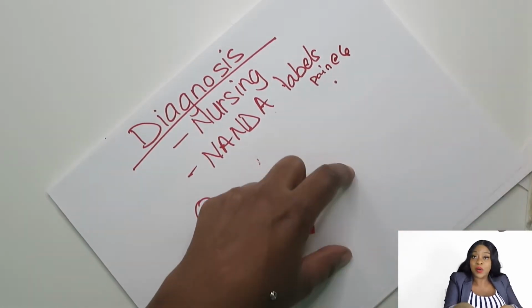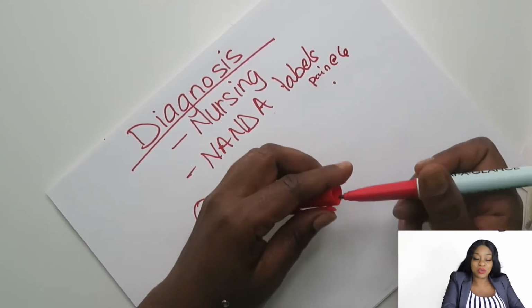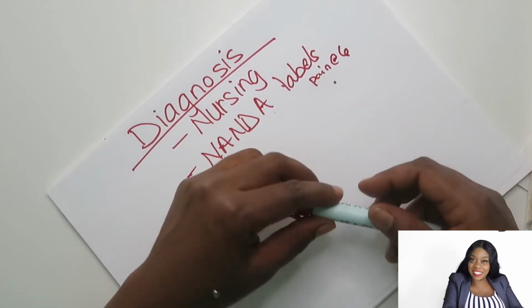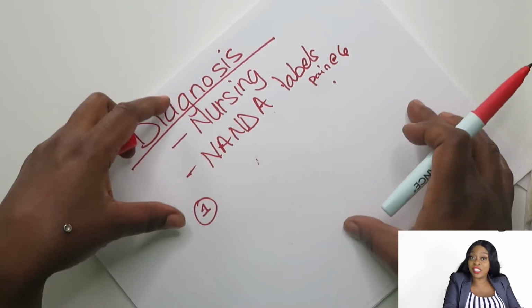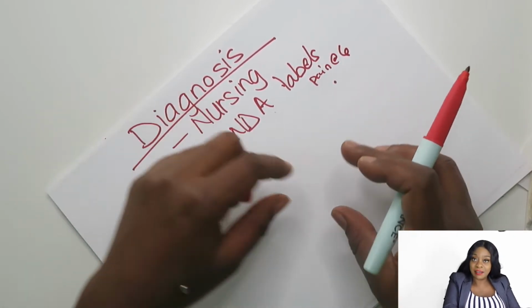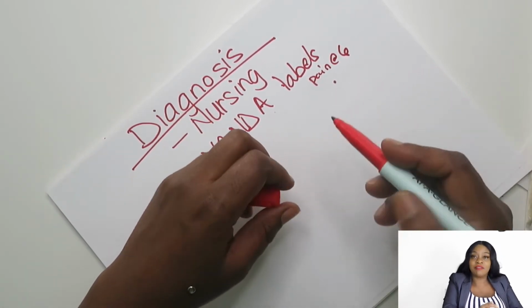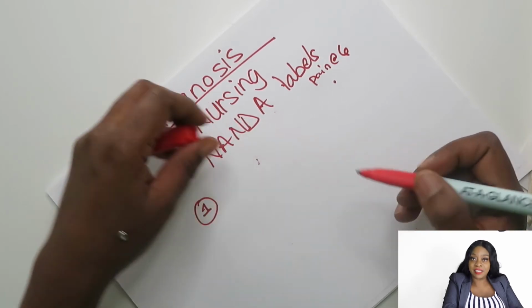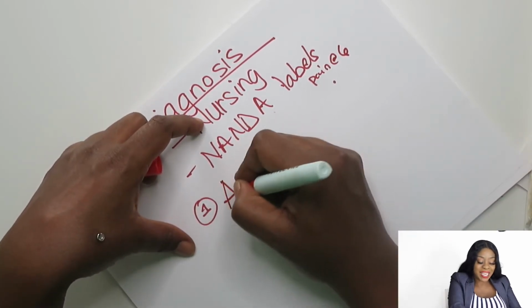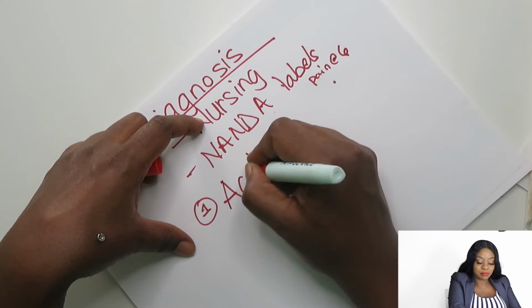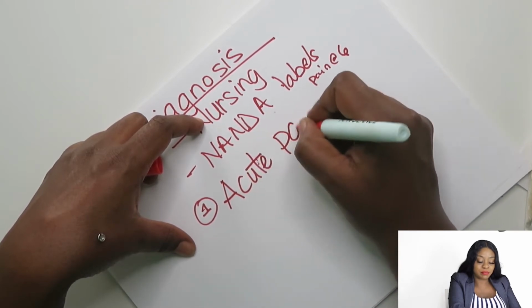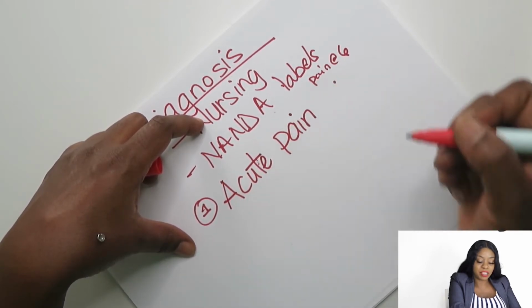And so from our nursing diagnosis handbook or any other NANDA listing, we could use, for example, in assessing our client, we could find evidence to support acute pain. Right?